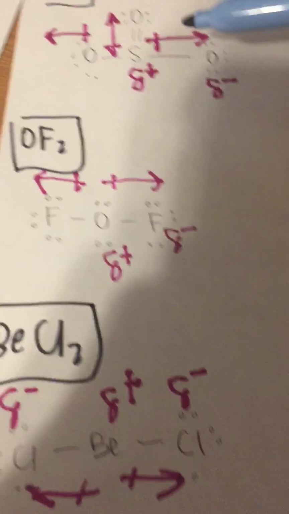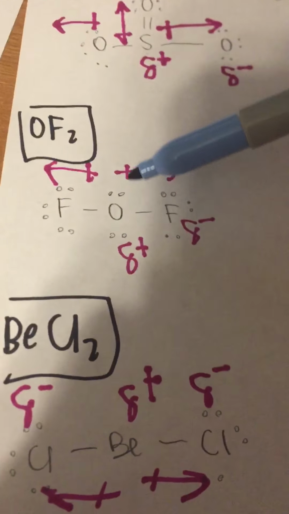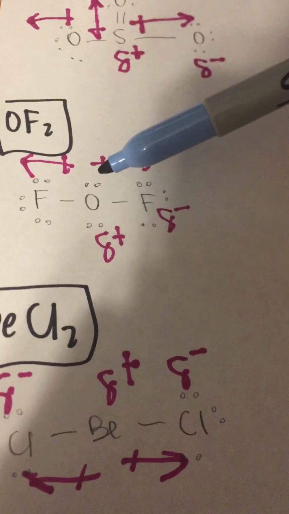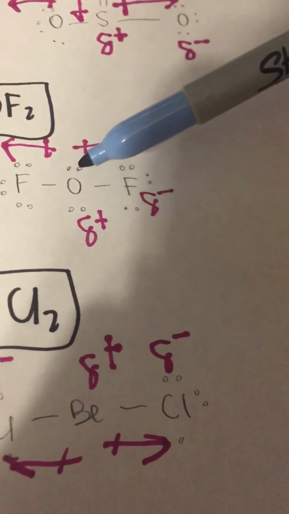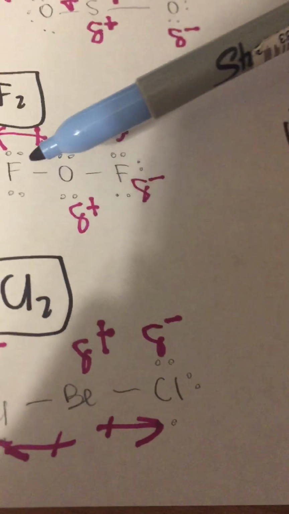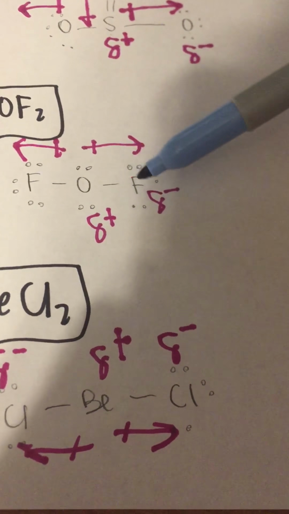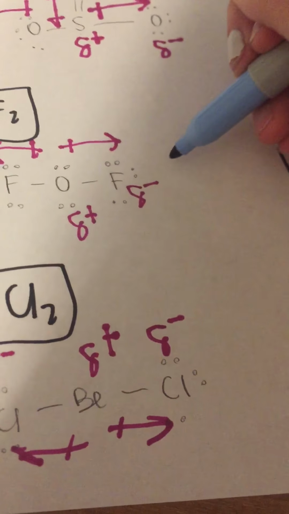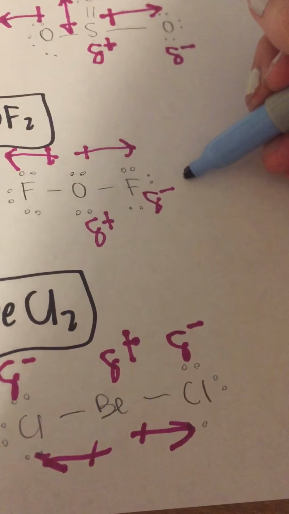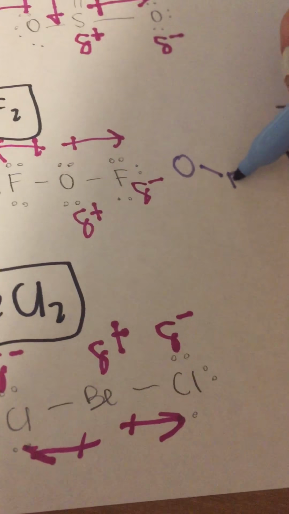So when we look at this molecule, there are 4 domains. But because each domain is not identical, see the 2 non-bonding pairs and the 2 with a single bond to fluorine, there will be a net dipole. So in actuality, the molecule looks something like this.